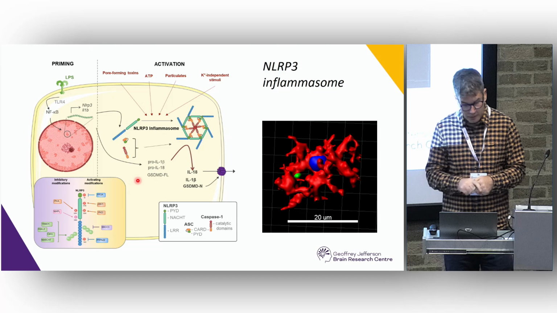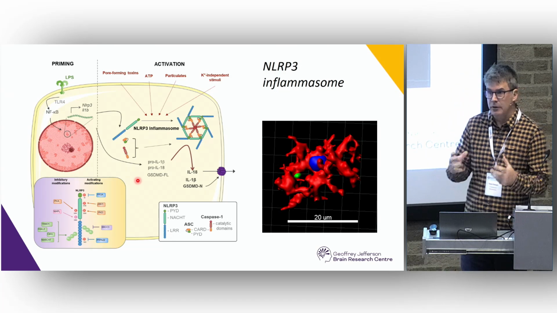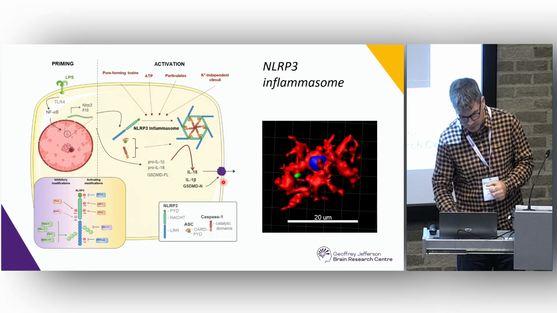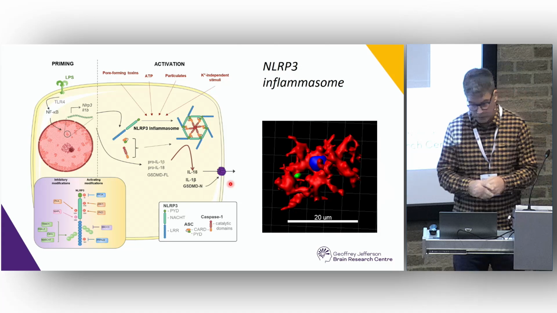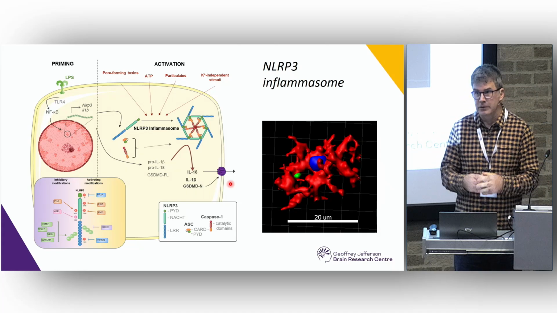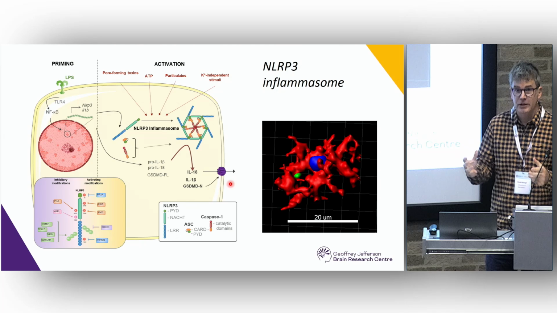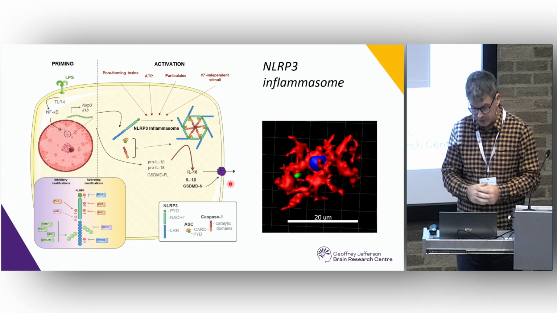It also cleaves a protein called gasdermin D, the N-terminus of which will oligomerize, embed in membranes, and form pores, which serve as the conduit for interleukin-1 secretion, and also leads to the pyroptotic cell death. This is a rapid pro-inflammatory form of cell death. And once extracellular, interleukin-1 can then exert its inflammatory actions.